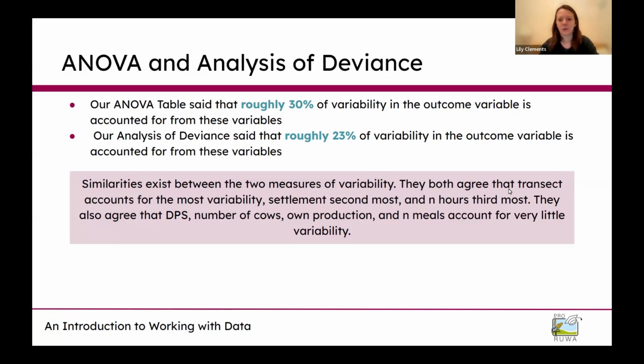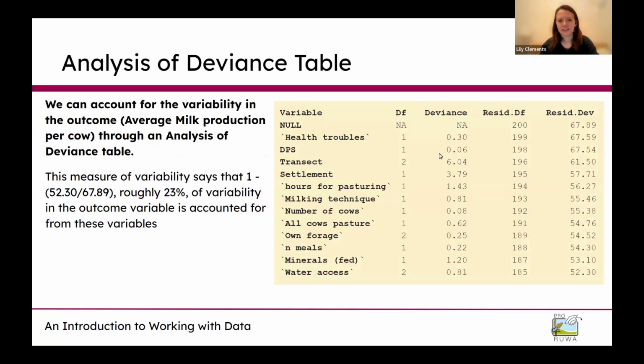If we have a quick look back, transect accounts for 6.04, which is our largest amount of deviance that anything accounts for here. Settlement accounts for 3.79, which is our second largest.